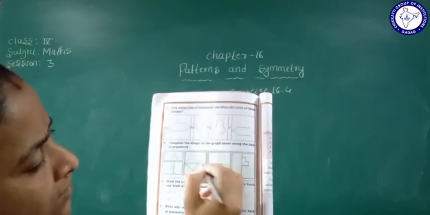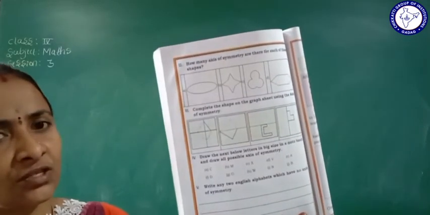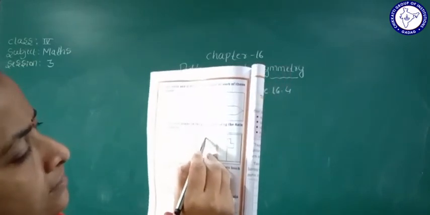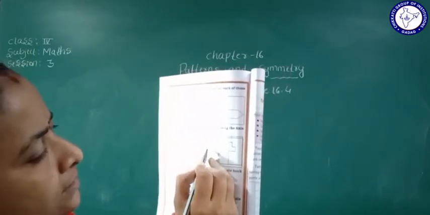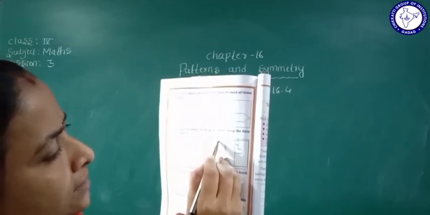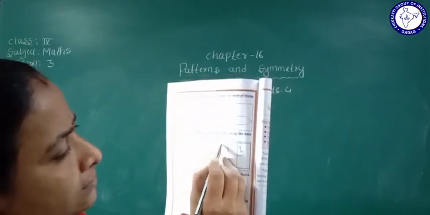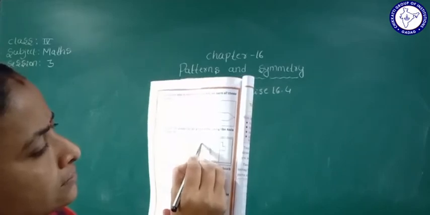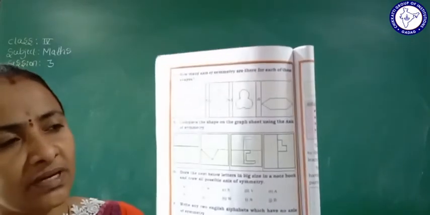Yes, this is one symmetry. See, joining of this. Next, that is the letter E. Yes, we complete the symmetry.